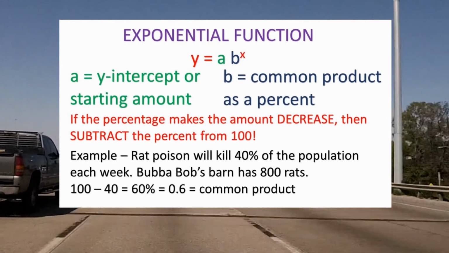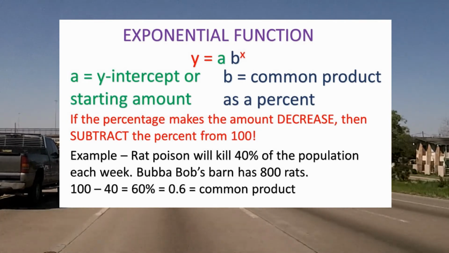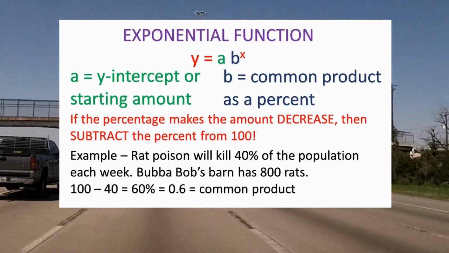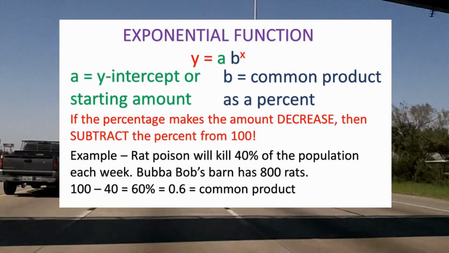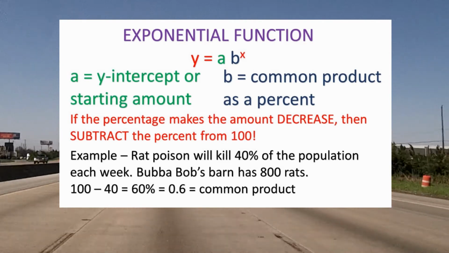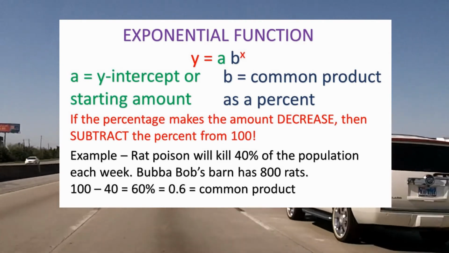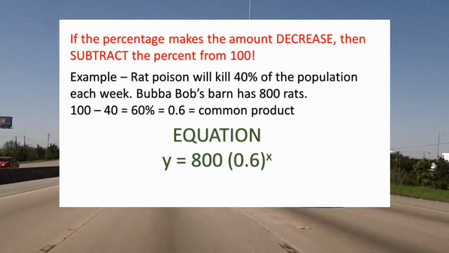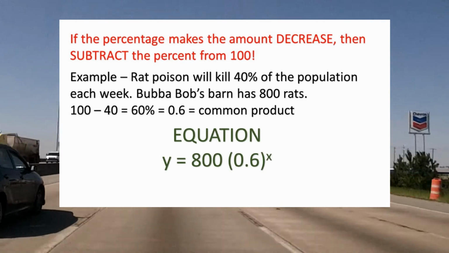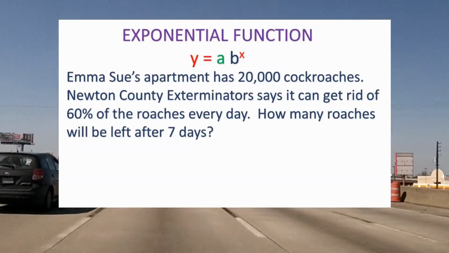Since this problem will have exponential decay, we'll take our percent of 40% and subtract it from 100. 100 minus 40 would be 60. So our common product would be 60%, which converted to a decimal is 6/10. Since the initial population of the rats is 800, that would make our equation y equal 800 times 6/10 to the x power.